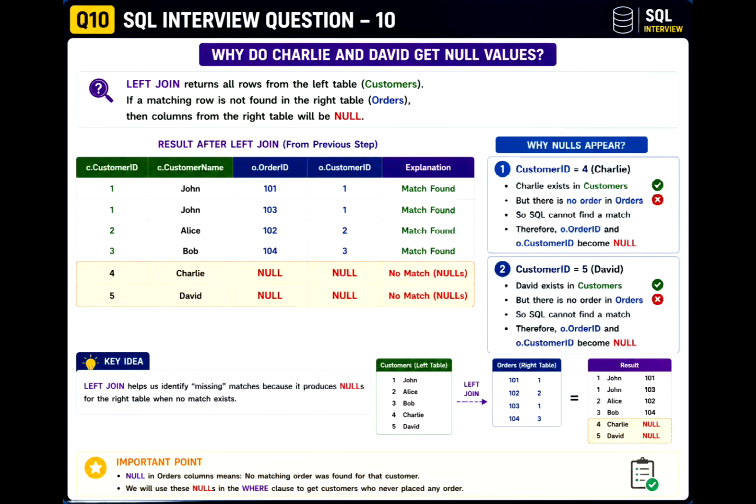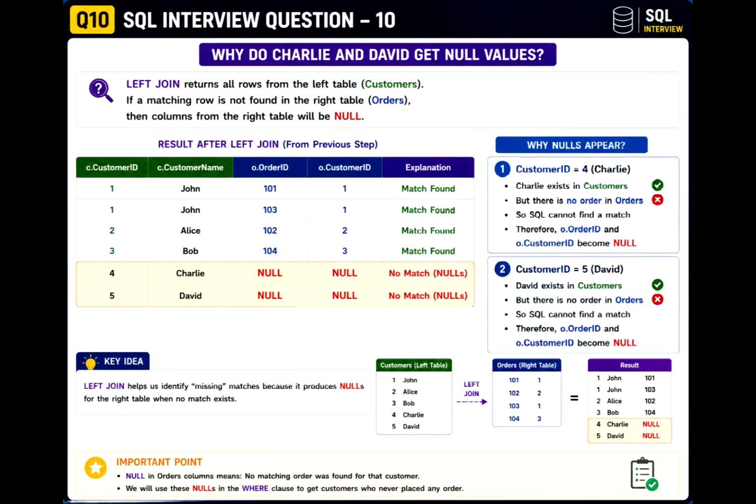But no record exists. Since left join keeps all rows from the customer table, Charlie is still included in the result. However, SQL cannot find any matching order details, so order ID and customer ID are null.